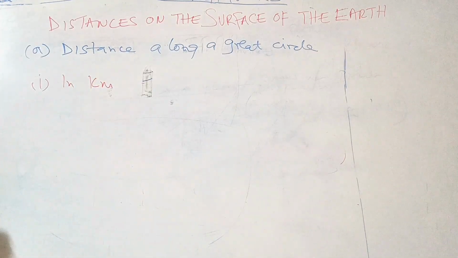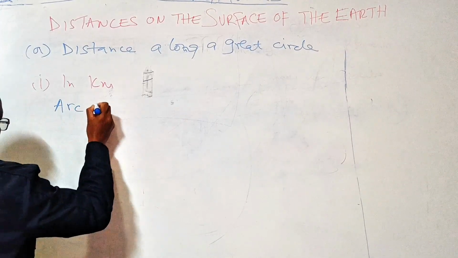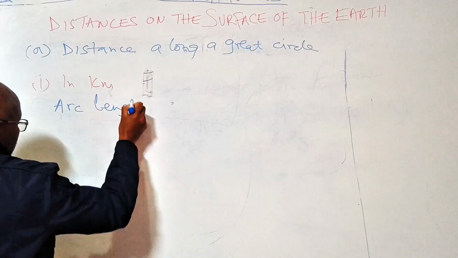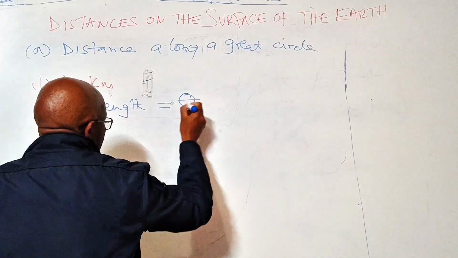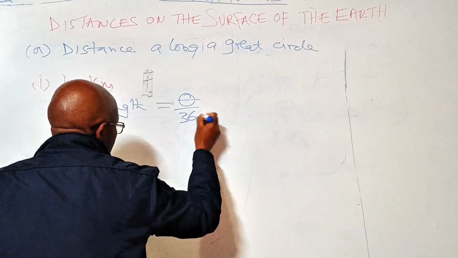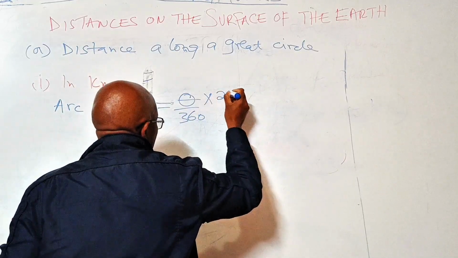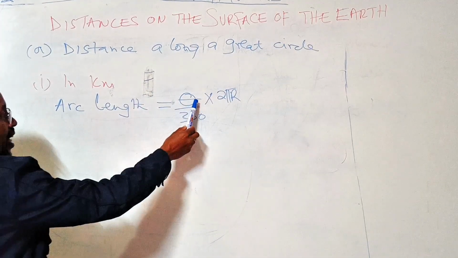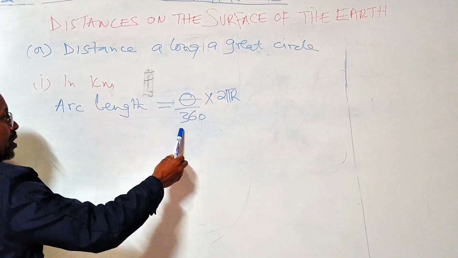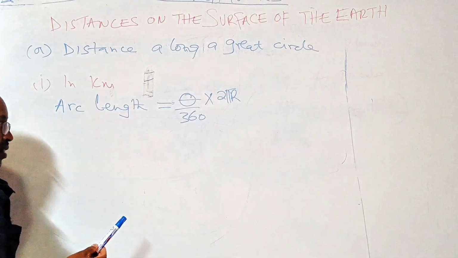In kilometers, the arc length is given by theta all over 360 times 2 pi r, where theta is the angle separating the 2 points and r is the radius of the Earth.